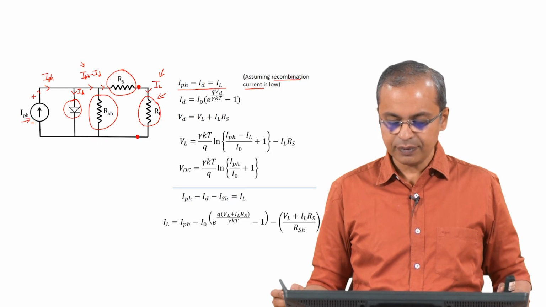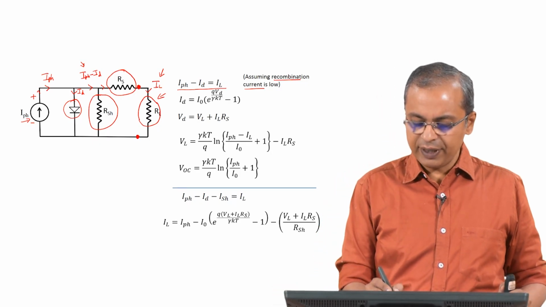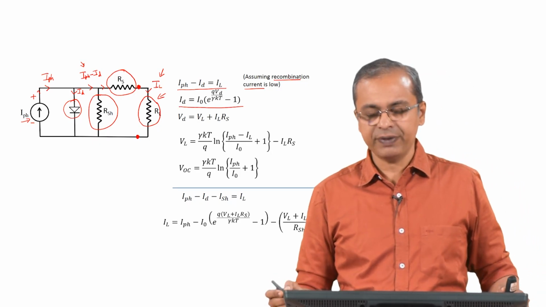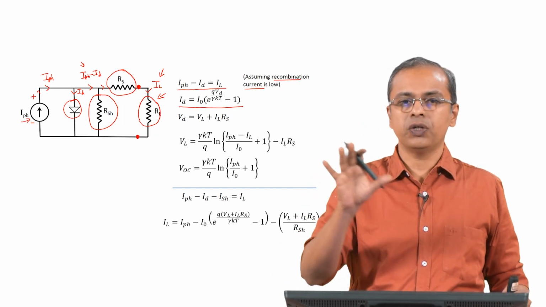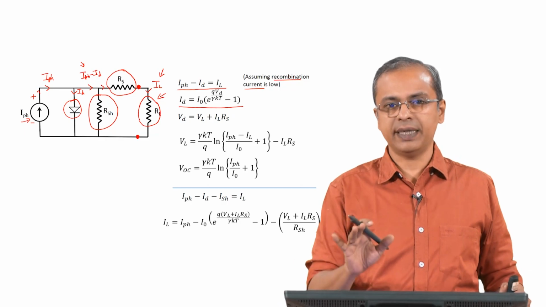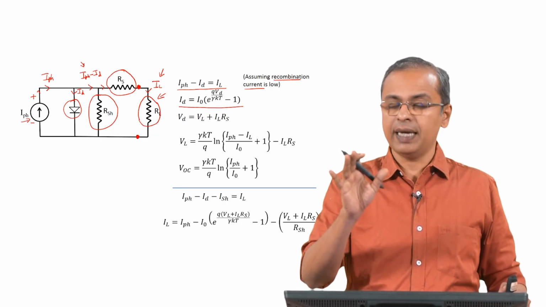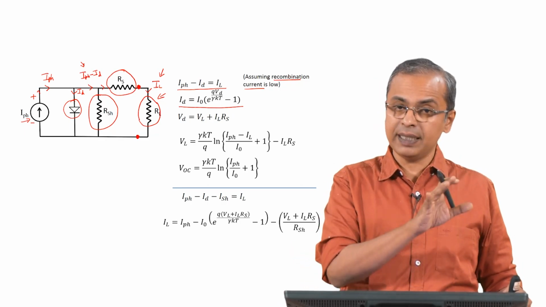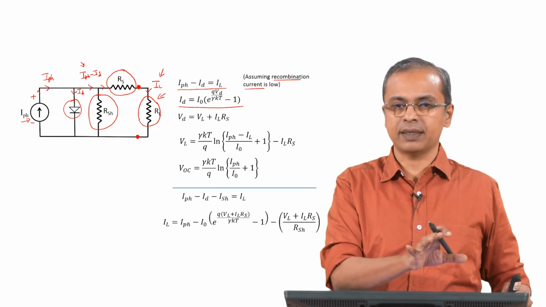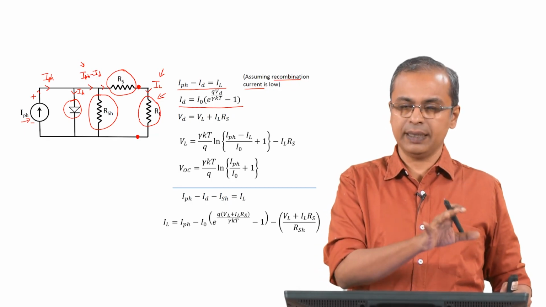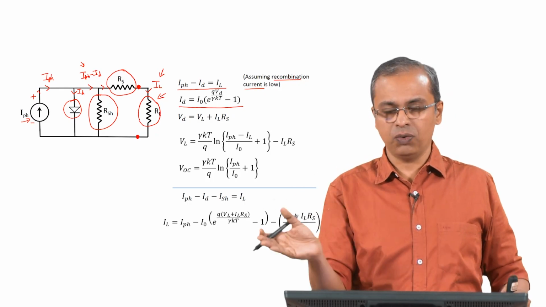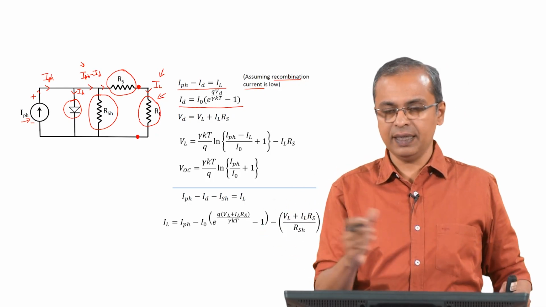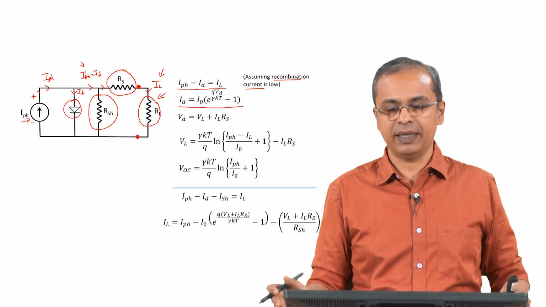The second equation is what I showed you in the previous slide. It is simply an equation which relates the diode voltage to the diode current. As I told you, that comes from the basic behavior of the charge carriers inside the semiconductors, and how they move across the junction, what is the flux going one way, what is the flux going the other way, etc. Once you do all that calculation, you will arrive at that equation.